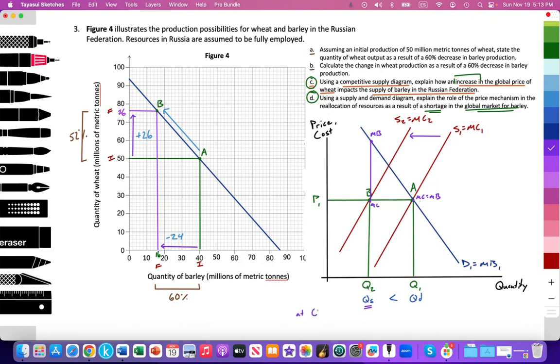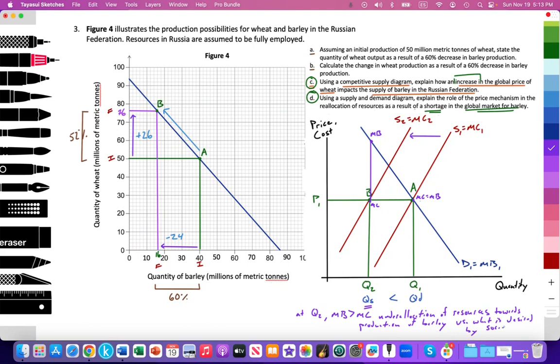So I'm going to make a note at Q2, the marginal benefit is greater than the marginal cost, which means that there is an under allocation of resources, land, labor, and capital, towards the production of barley versus what is desired by society.